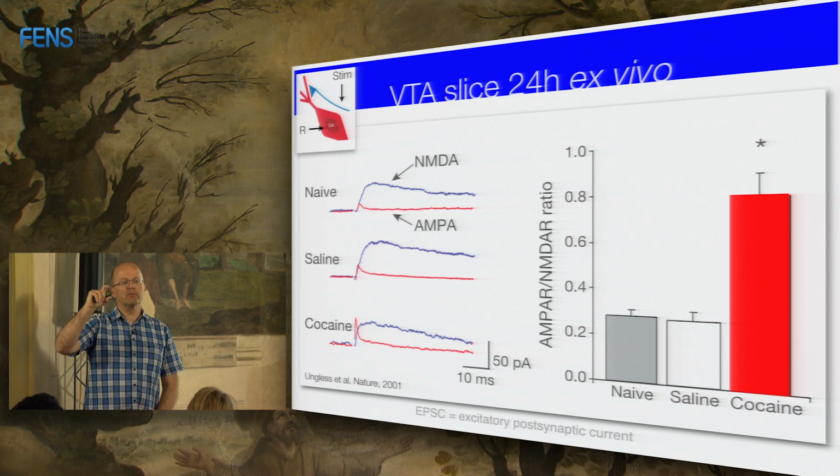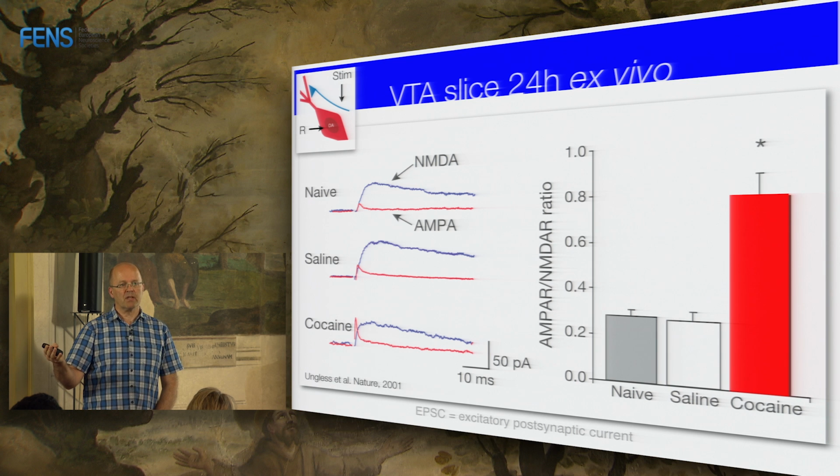The size of a response depends on, obviously, how strong the current is at one receptor, but it also depends on the number of synapses that you stimulate, right? And between two slices, because of the slicing procedure and so forth, there's a consensus in the field that you cannot compare this in absolute values.